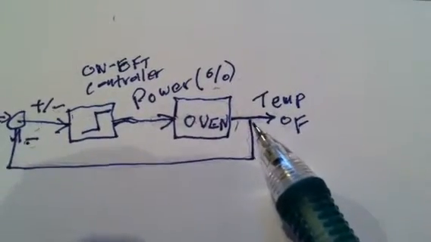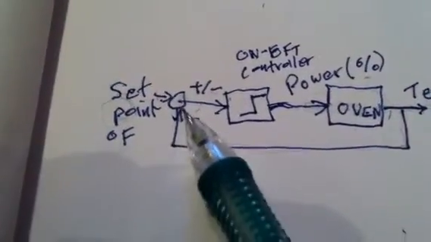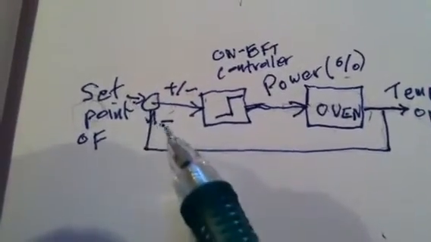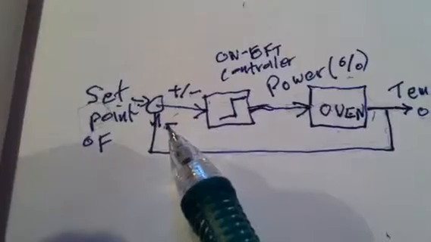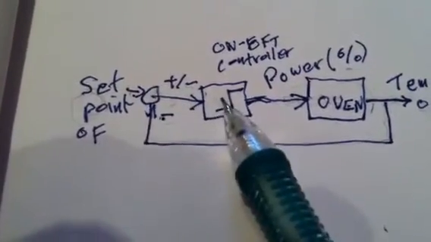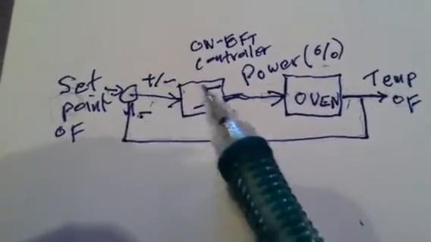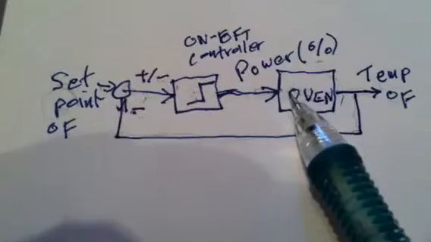We'll check that in a minute. Comes around here, and let's say the set point in my oven is 200 degrees Fahrenheit. So 200 minus 68.7 is a number that is positive. So it comes in here. The controller says if this is positive input to me, I'm going to turn on the power. So the power goes to 100%.